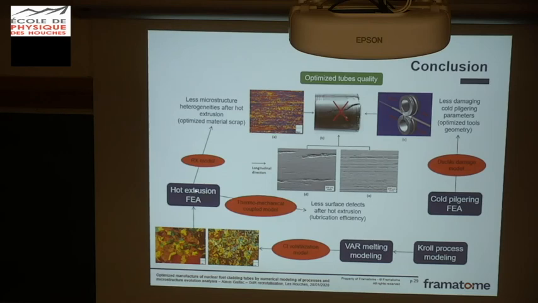We also use modeling of extrusion in order to improve the lubrication efficiency during the extrusion process. But we also have to work on the upstream processes, because we know that at the beginning this is very important on the quenched billets, and this is linked to the chlorine volatilization. So we are also working on the melting process modeling and the core process modeling.